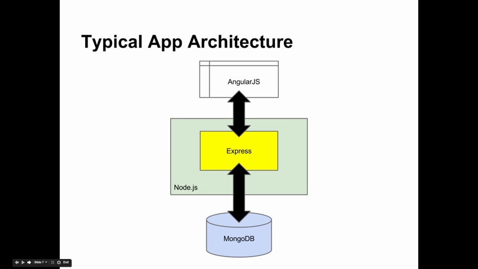And this is the typical application architecture. Like I said, on the top is your web browser with AngularJS in it, and it communicates back to the server. It's going to be talking to Express via Node, and then Express is going to be talking to MongoDB, either via Mongoose or using the native MongoDB driver.